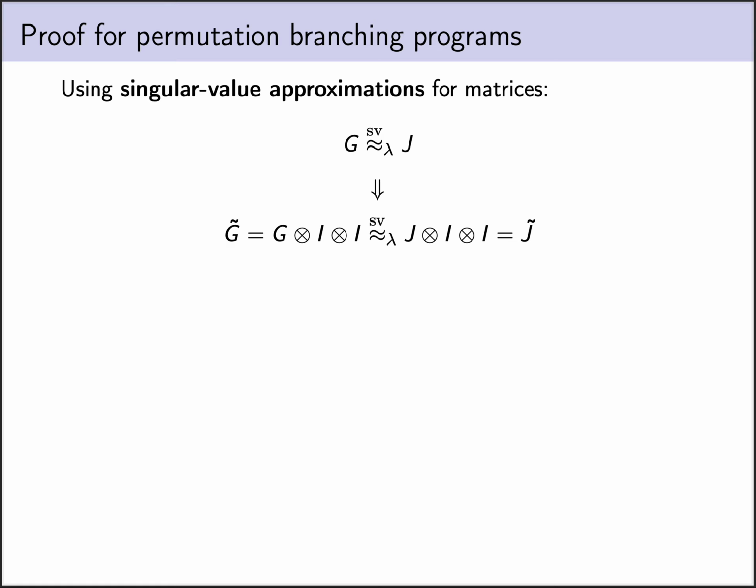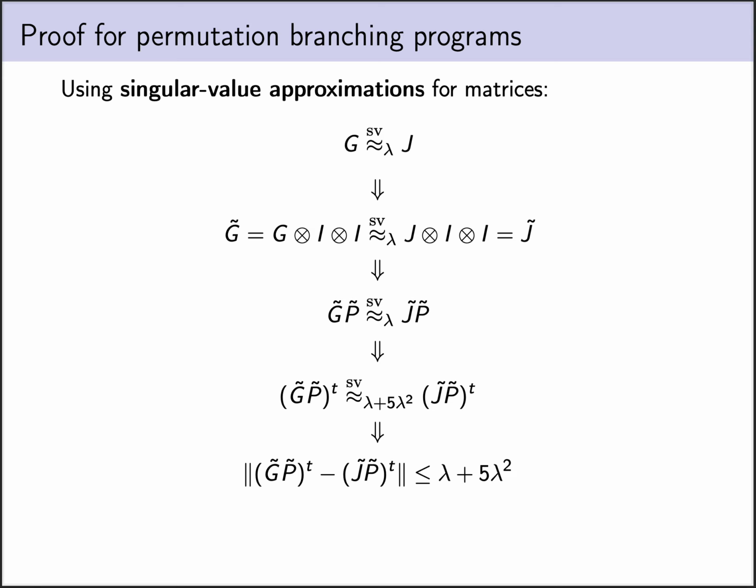Singular value approximations are then also preserved under tensoring with the identity. More interestingly, they're preserved by multiplication by permutation matrices, or actually multiplication by any matrices with spectral norm at most 1. So we can multiply both sides by P tilde. Perhaps most interestingly, they're preserved by powering, so we can power both sides by an arbitrary t, and the level of approximation only decays by a big O of lambda squared term, regardless of the value of t.